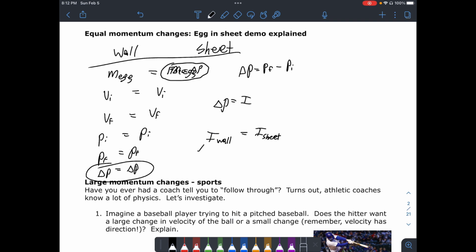But the difference comes from our variables. So this also equals our force times our change in time, right?